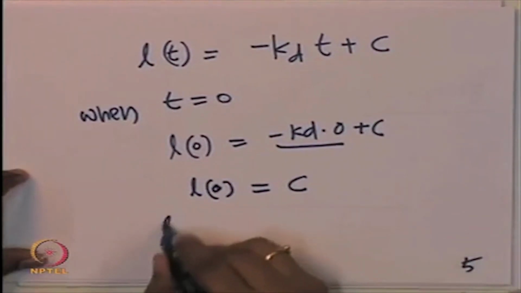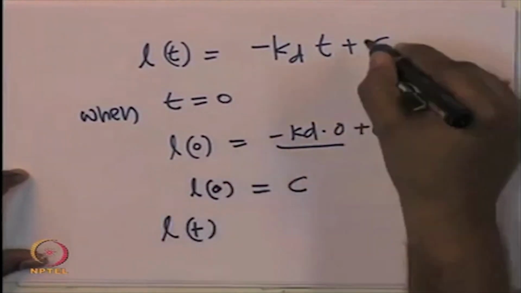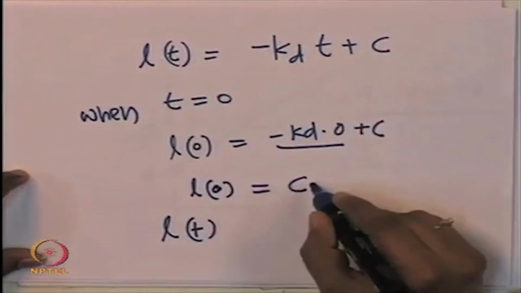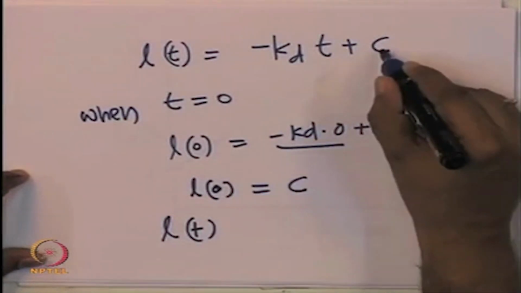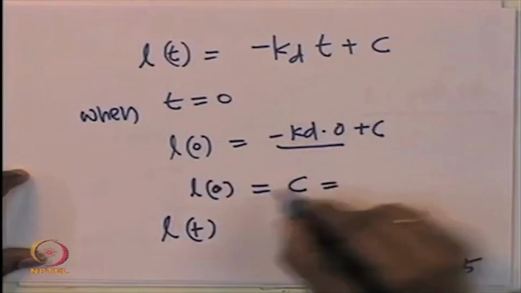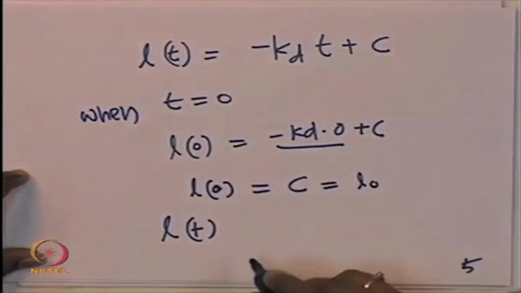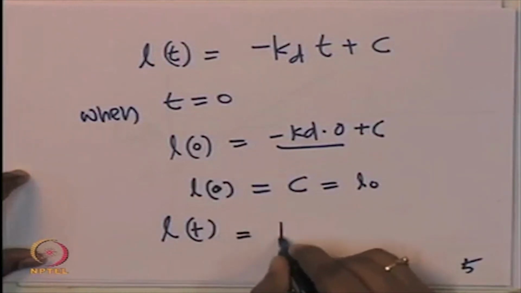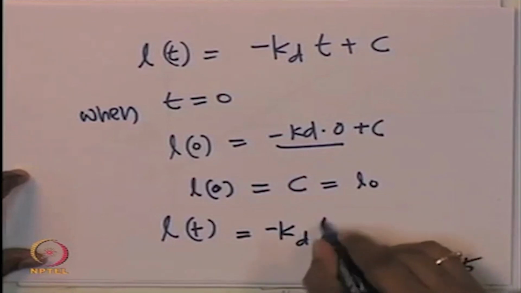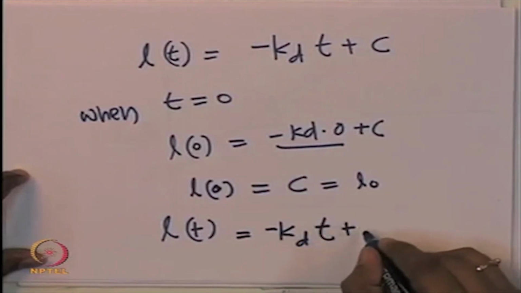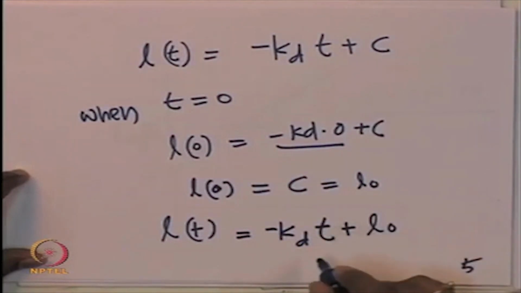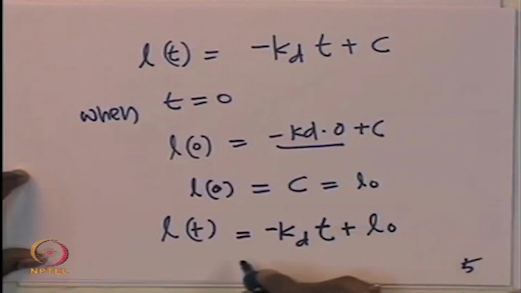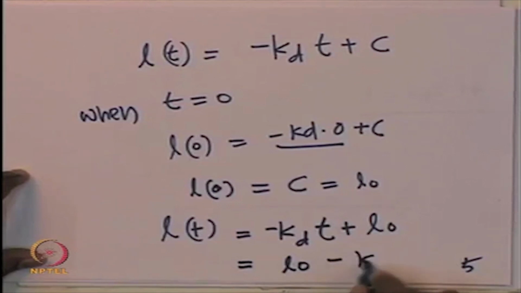We can substitute this back, writing c as L 0. I just write L of 0 as L 0 for convenience. So, L of t is nothing but minus Kd into t plus L 0. In other words, it is L 0 minus Kd t.